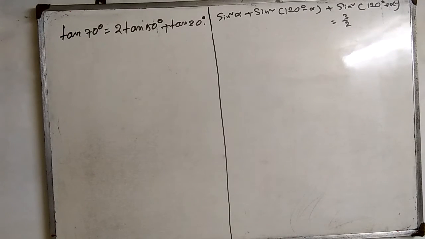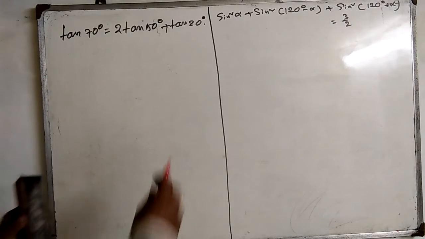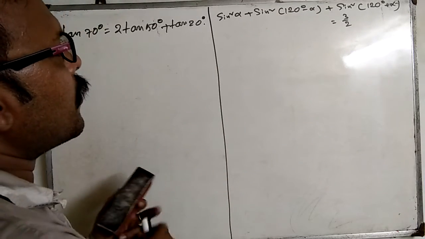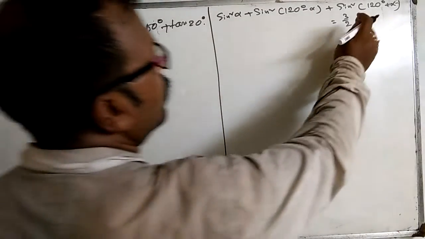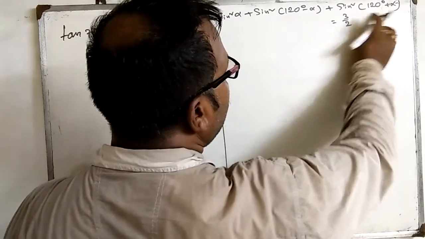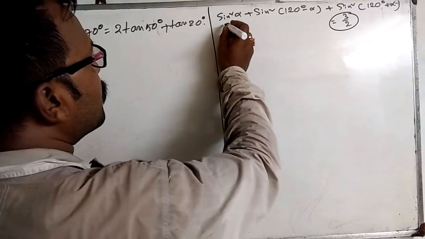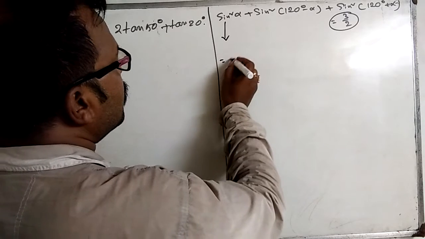Now we start the next problem. Sine square alpha plus sine square 120 minus alpha plus sine square 120 plus alpha equals 3 by 2. You have to prove that. We just start from sine square alpha.